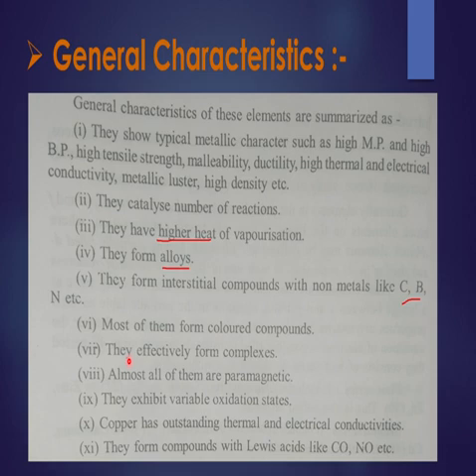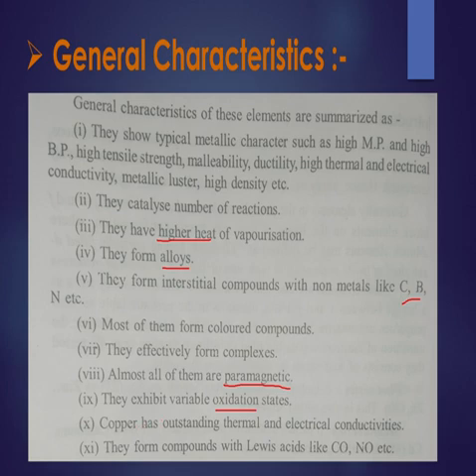Next characteristic, they effectively form complexes. Next, almost all of them are paramagnetic in nature. That is, regarding magnetism, 3D block elements are paramagnetic. Next characteristic, they exhibit variable oxidation states. Next, copper has outstanding thermal and electrical conductivities.